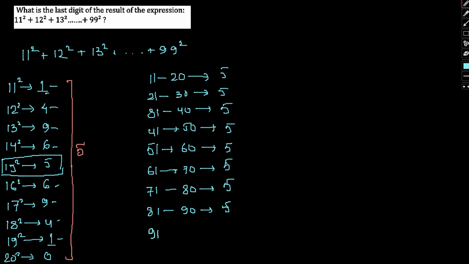And 91 to 99, the unit digit will be 5. But see, for 100 square the last digit will be 0 anyways, so I'm taking only till 99.